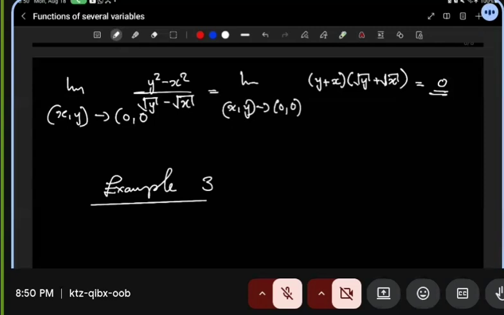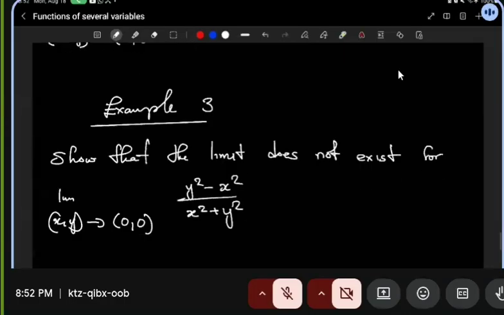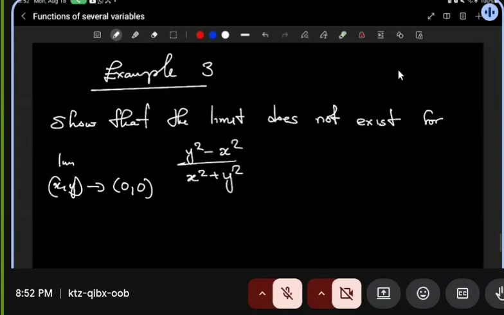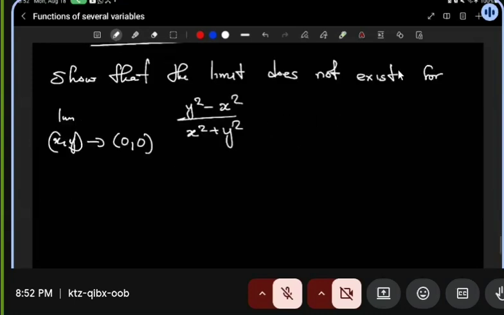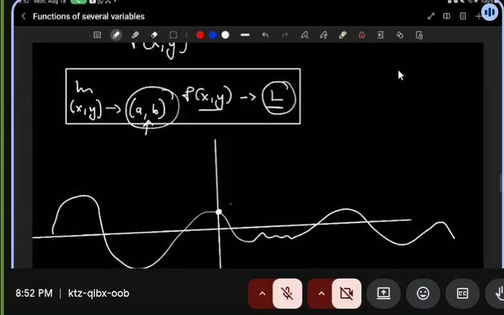Then we can easily conclude there. So for this case, when we approach the point using one route, we find the limit to be that. And when we approach using a different route, we find the same limit. Well, it's pointing towards the fact that maybe that is the limit for our original function.